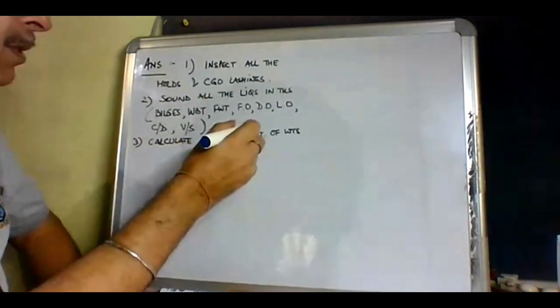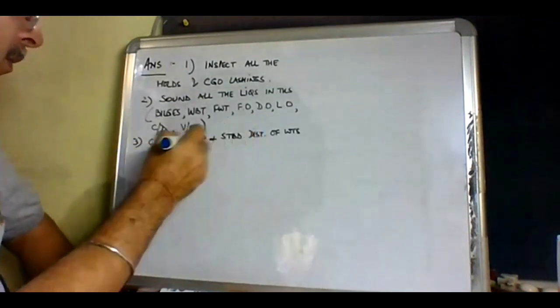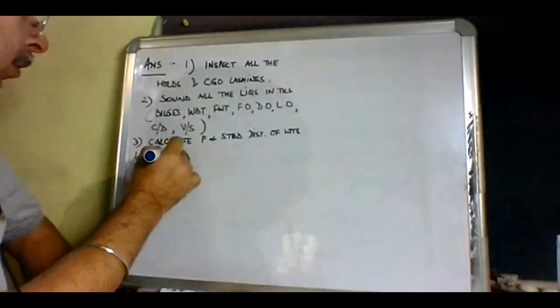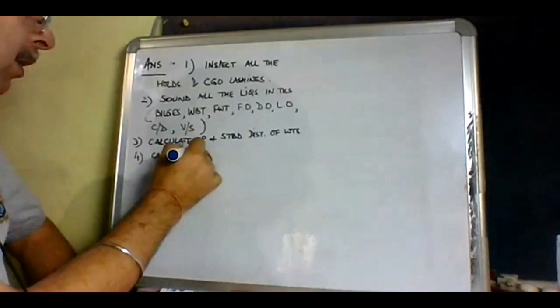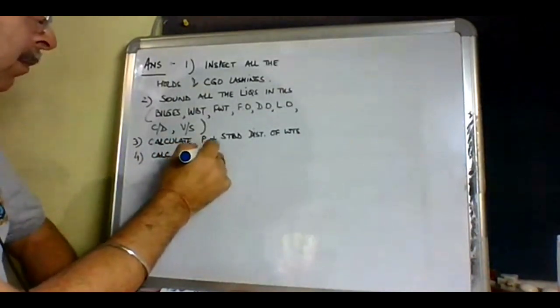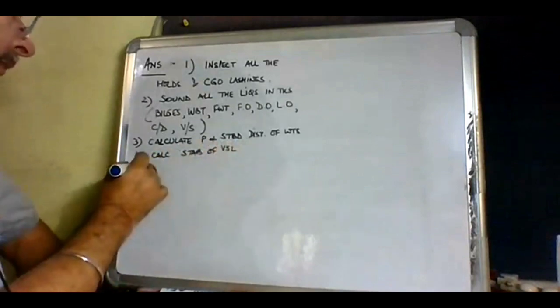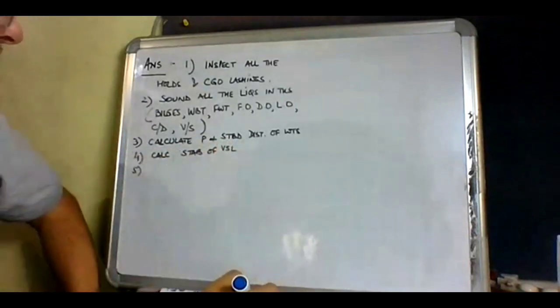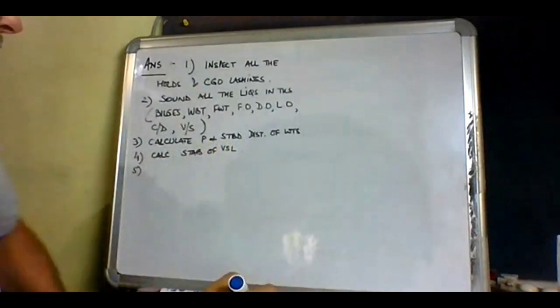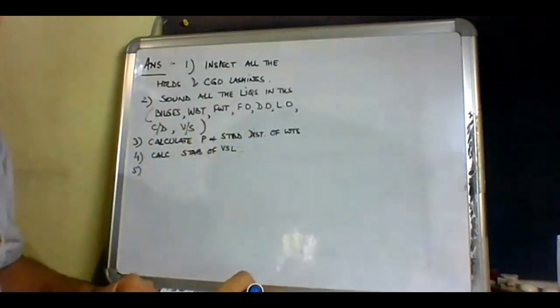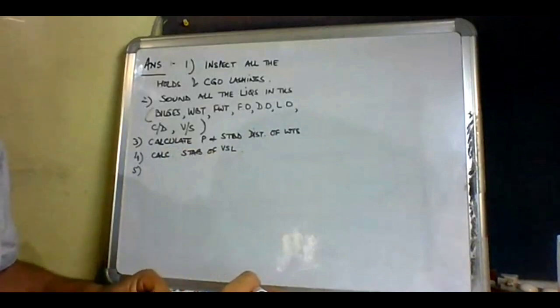You also calculate the stability of the vessel. Now, when you calculate the port and starboard distribution of weights, you will find mostly the weights are equal.